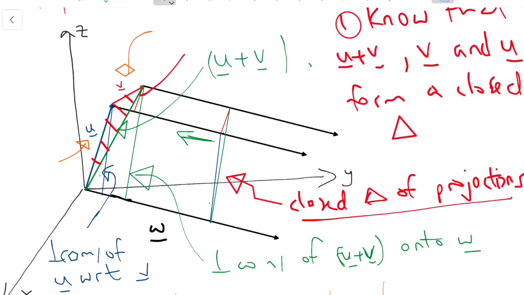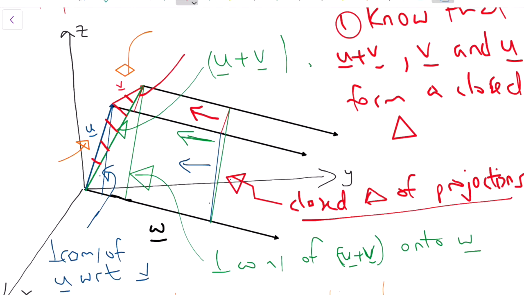This vector points a bit like this. This one points a bit more upwards, and basically we get three vectors. And those three vectors have to form a closed triangle themselves because the perpendicular components of u, v, and u plus v form a closed triangle themselves, and we are rescaling every side by w and rotating such that they are at 90 degrees. So we will obtain a closed triangle.